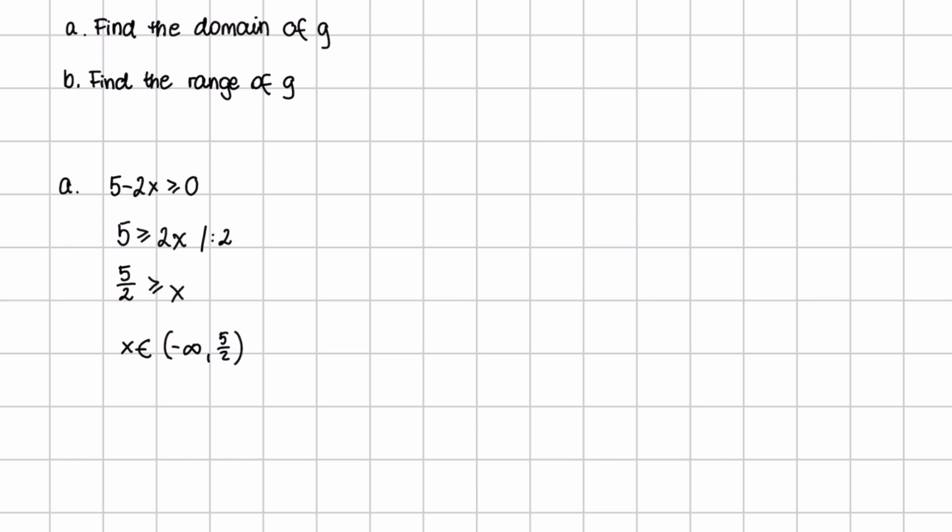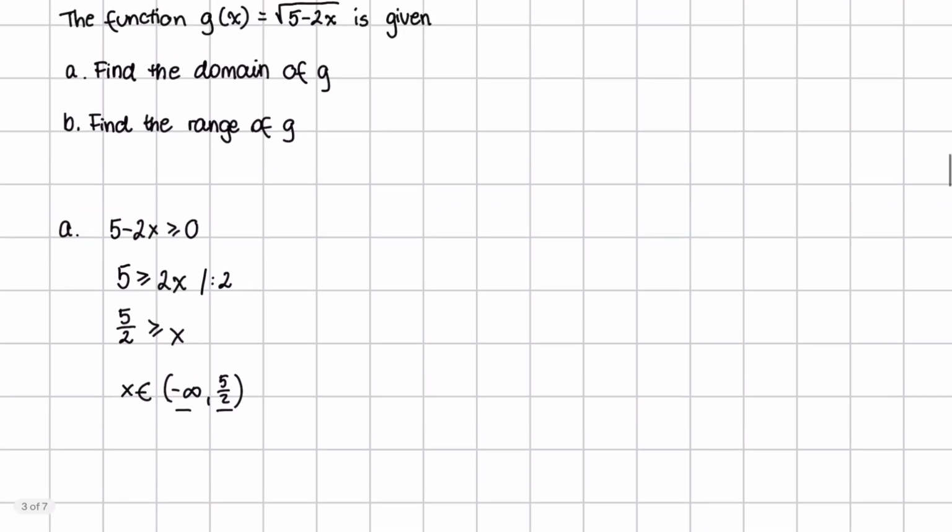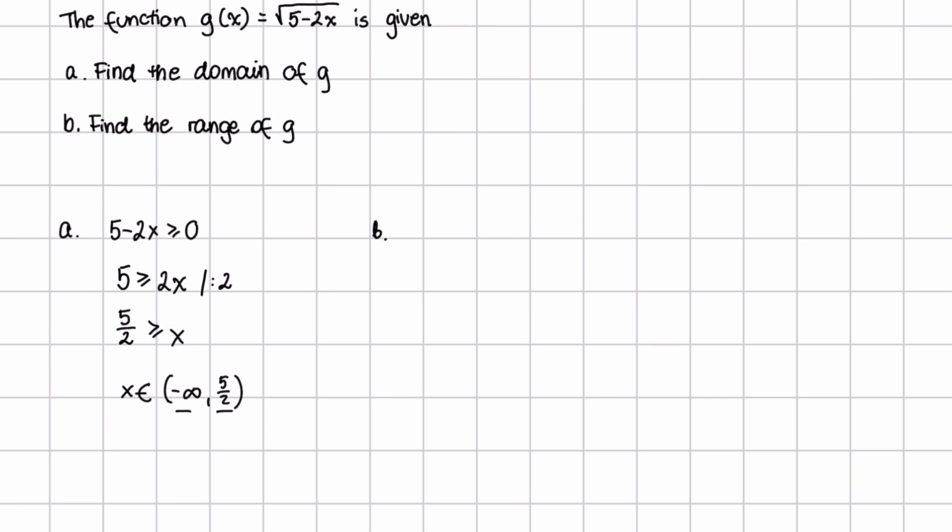In order to find the range, we just need to substitute firstly minus infinity and then 5 over 2 into our function g, and we will find our range. We can start with 5 over 2 because it's a real number.